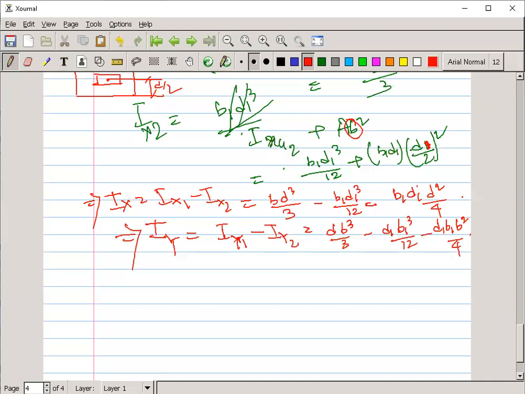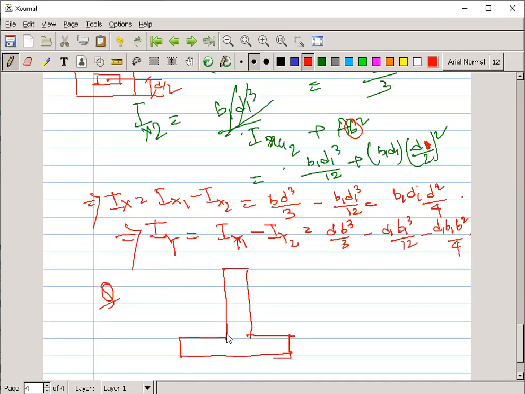Okay, now come to another problem. I think in the mid-semester I have given you this: find out the centroid of a composite section, the T section.